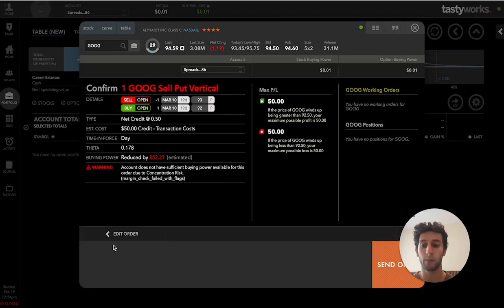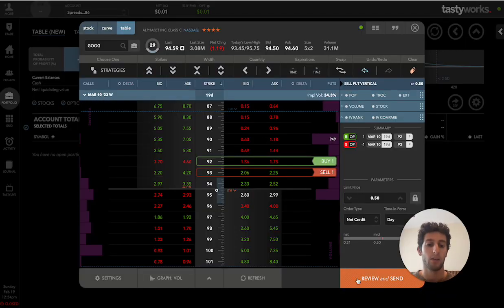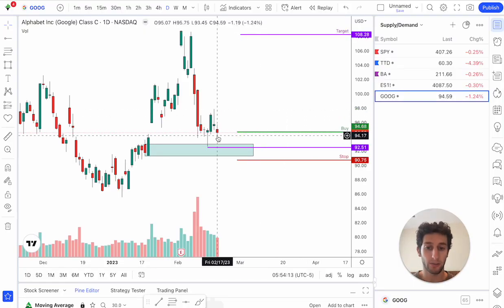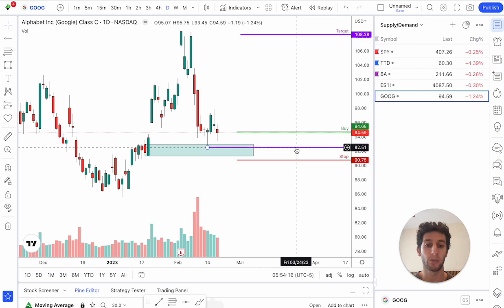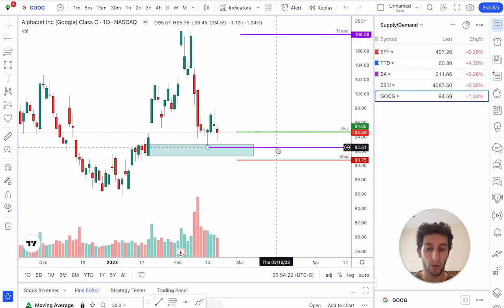So now we are getting spreads about 19 days out, right? So as long as Google 19 days from today stays and closes above this 92.50 level, I'm going to make $50. And if it doesn't, if it ends up closing below, I'm going to lose $50, right? So I know my max loss and I know my max win.